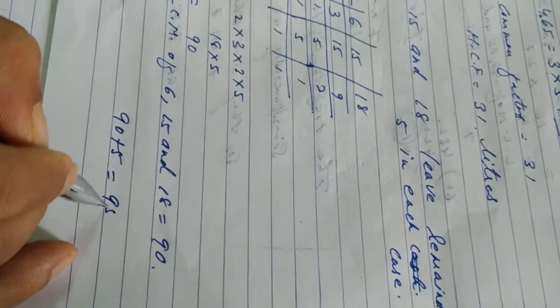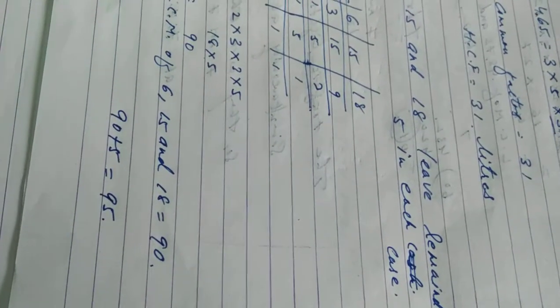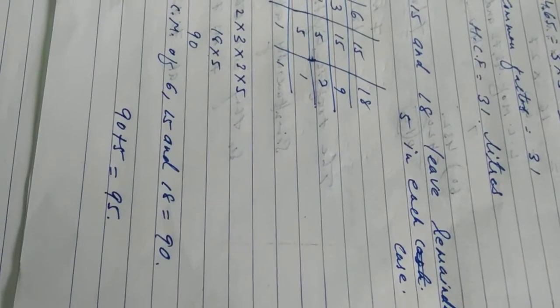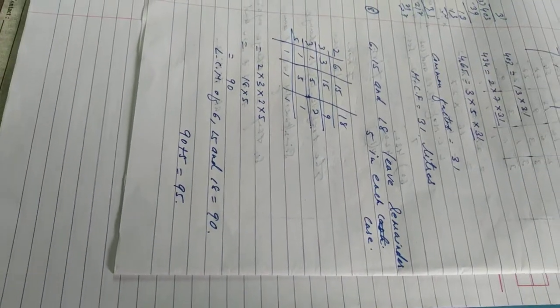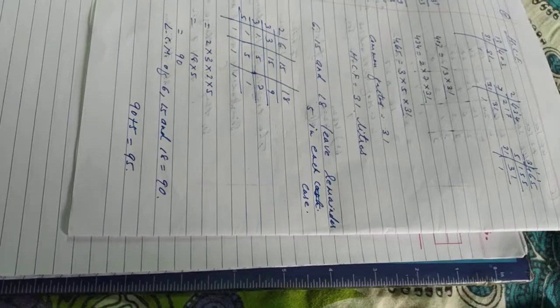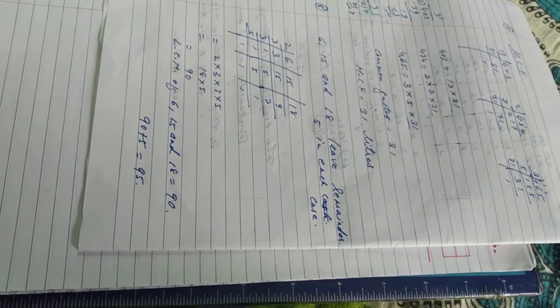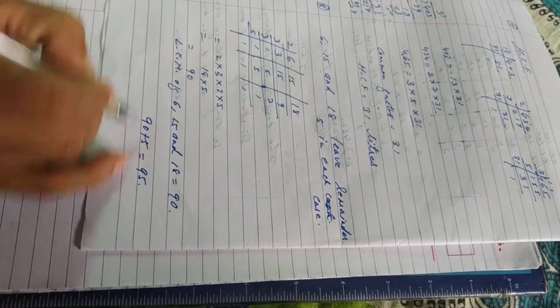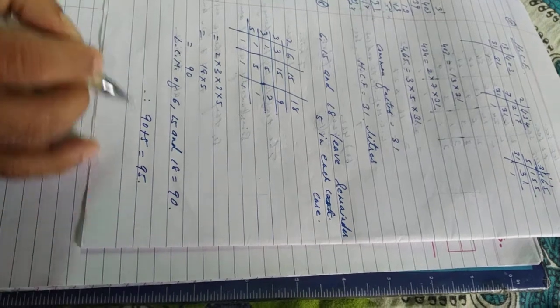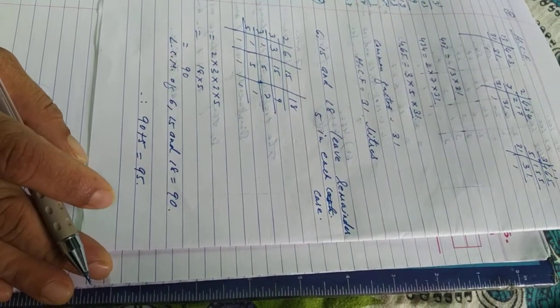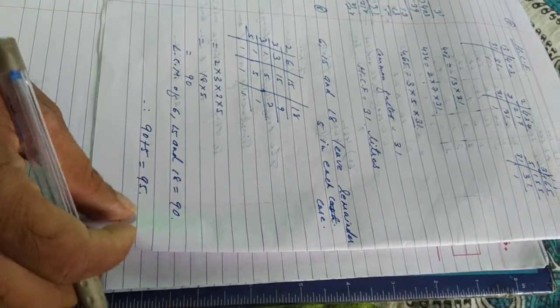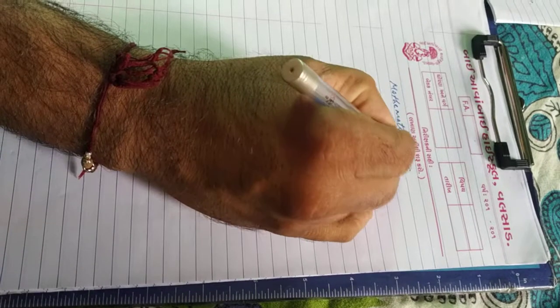What will we get? 95. So we can say the least number that leaves 5 as the remainder in each case when divided by 6, 15 and 18 is 90 plus 5 is equal to 95. Got it? Sure? Good. Now let's go with example number 9.